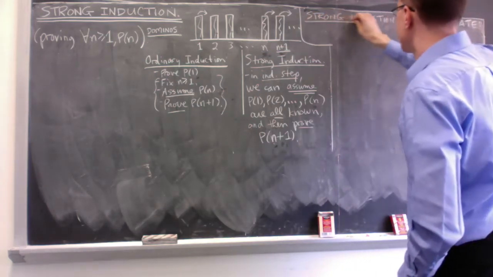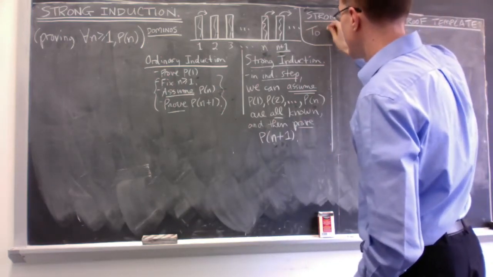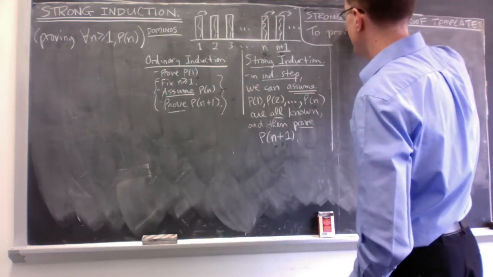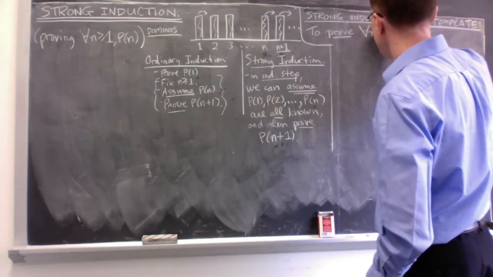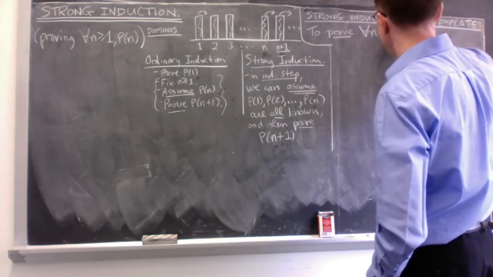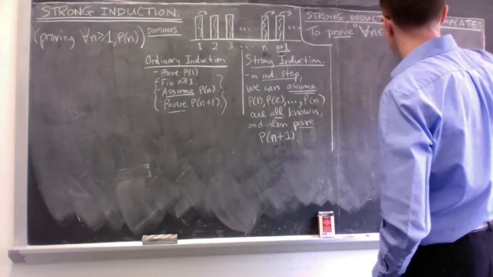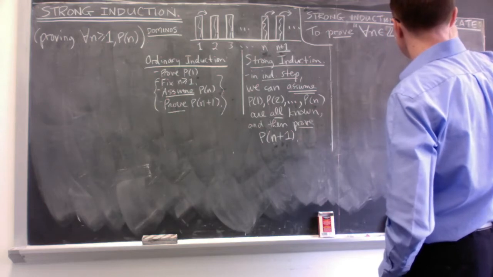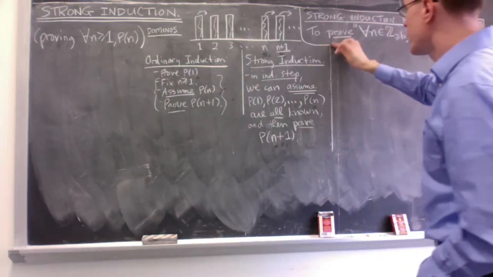What is this template used for? We're trying to prove a universal statement: for all n in the integers greater than or equal to b, P of n. That's what we want to prove when we use this template.